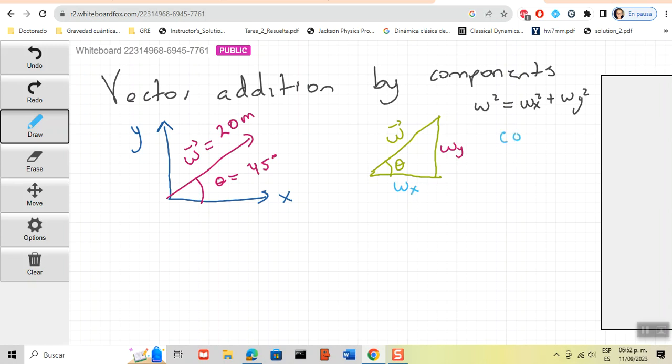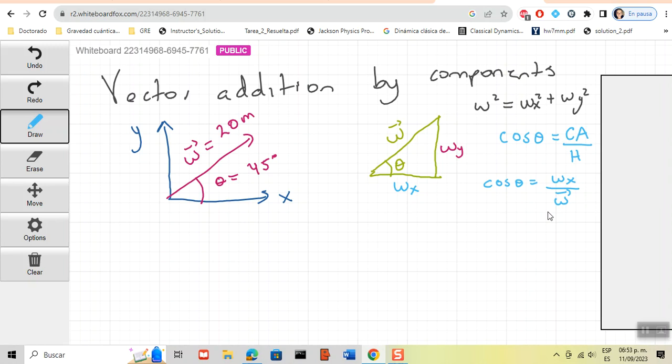So the cosine of theta is equal to the adjacent side, cateto adyacente, over the hypotenuse, right? Now, however, we're gonna use the new labels, etiquetas, las nuevas letras that we're gonna use for these problems, right? So we're gonna do cosine of theta equals Wx over W.